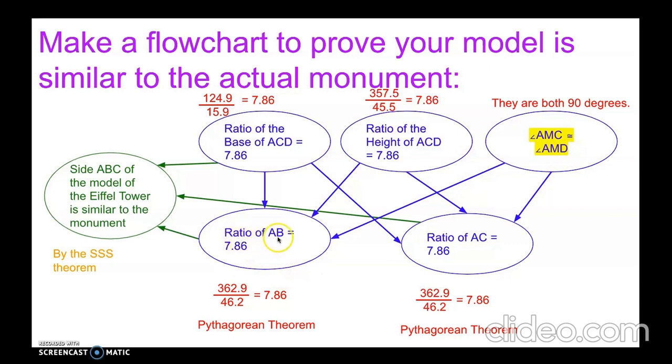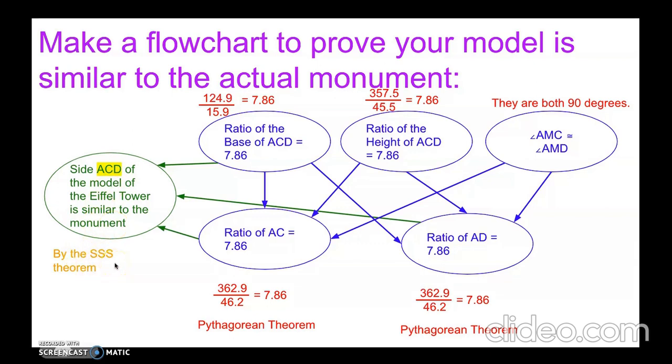And then the hypotenuses, instead of AB and AC, it's going to be AC and AD. And so then now we've proven that the side of triangle ACD of the model is similar to the monument. And again, it's by the side theorem.